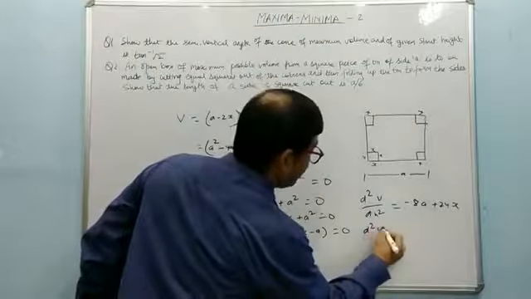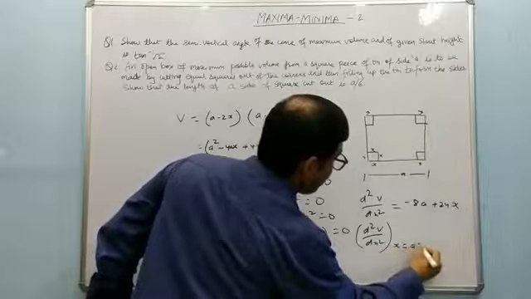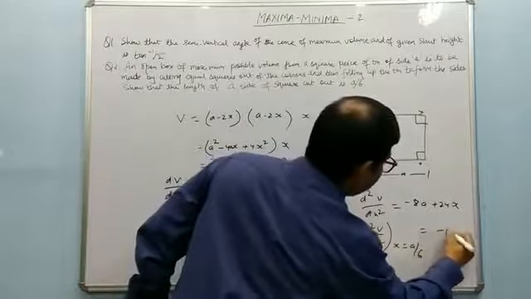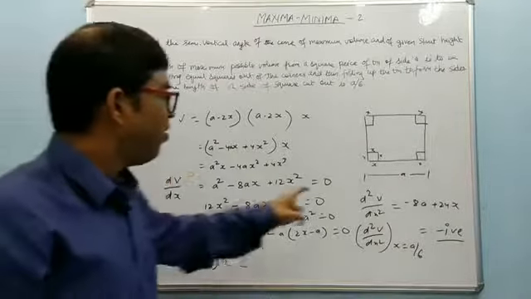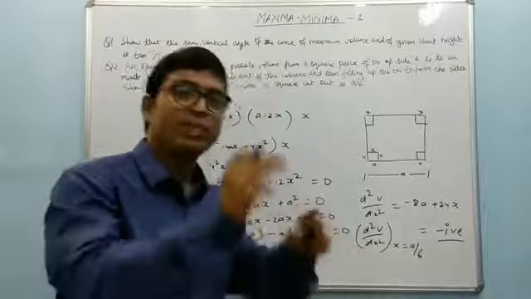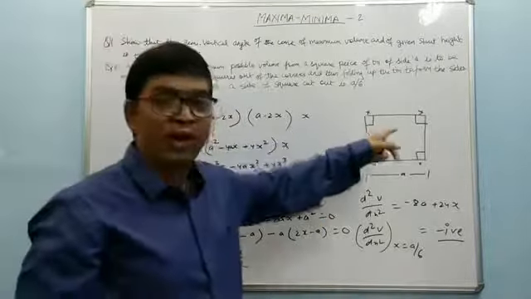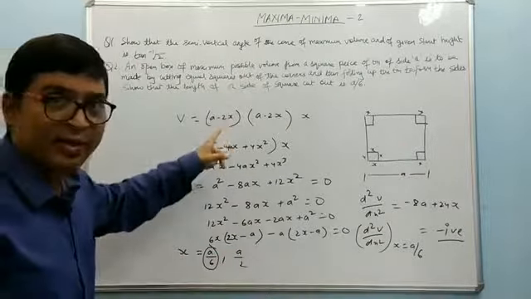At x is equal to a by 6. You just put x is equal to a by 6. This will be negative. What does this mean? This means that volume is maximum when the side cut off from each corner is a by 6. So we have proved the thing.